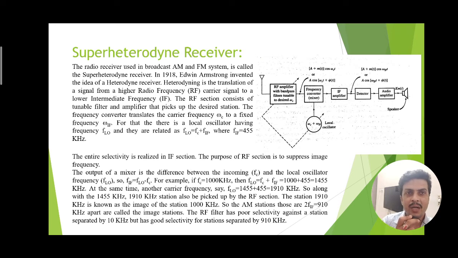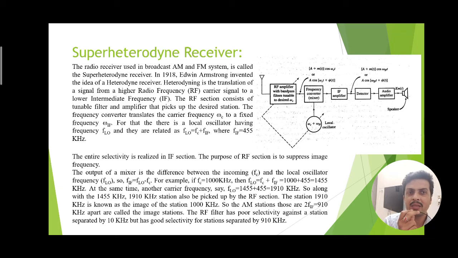An important part of the demodulation of the signal, which is broadly used for the AM and FM systems, is called the superheterodyne receiver. In 1918, Edwin Armstrong invented the idea of a heterodyne receiver. Heterodyning is the translation of a signal from a higher radio frequency carrier signal to a lower intermediate frequency.